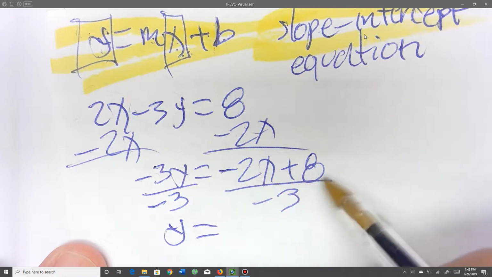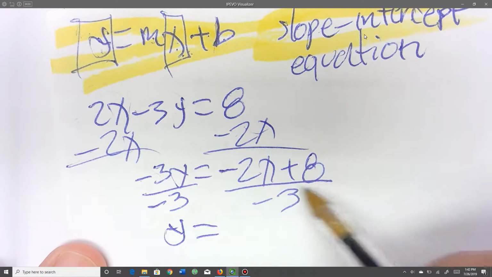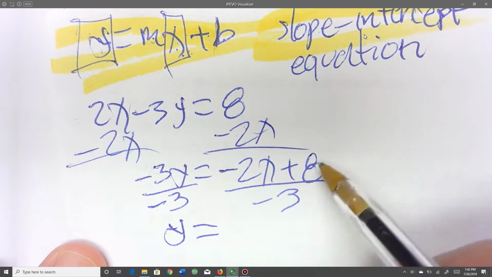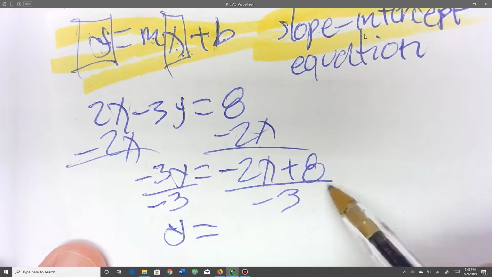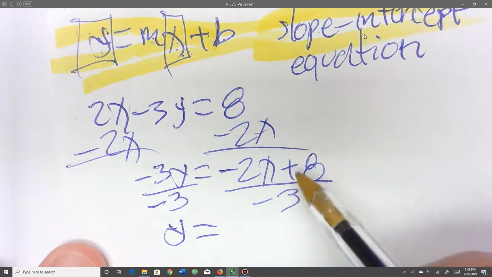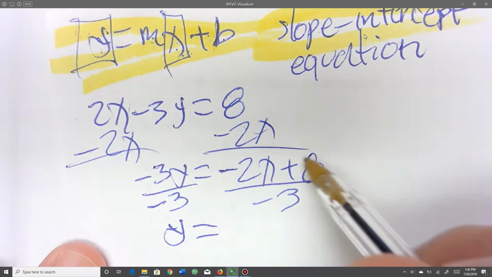Since I said that the coefficient of x was my slope and the constant was the y-intercept, I can't really tell what that is if I have a fraction like this. So what I need to do is separate them.